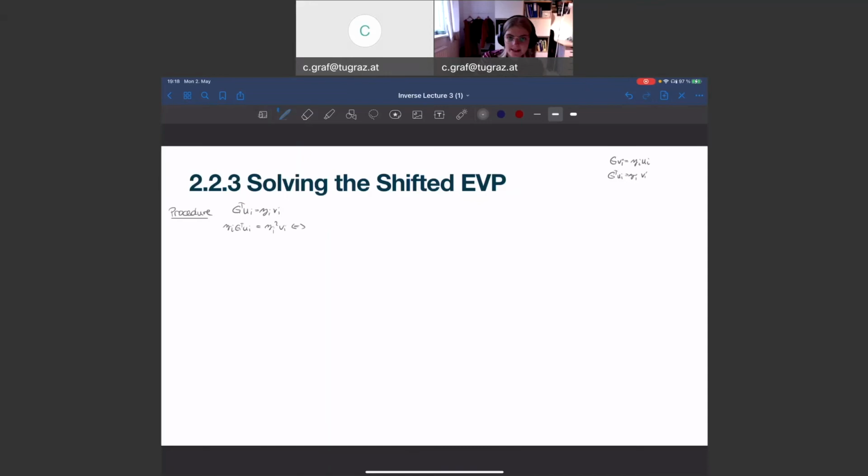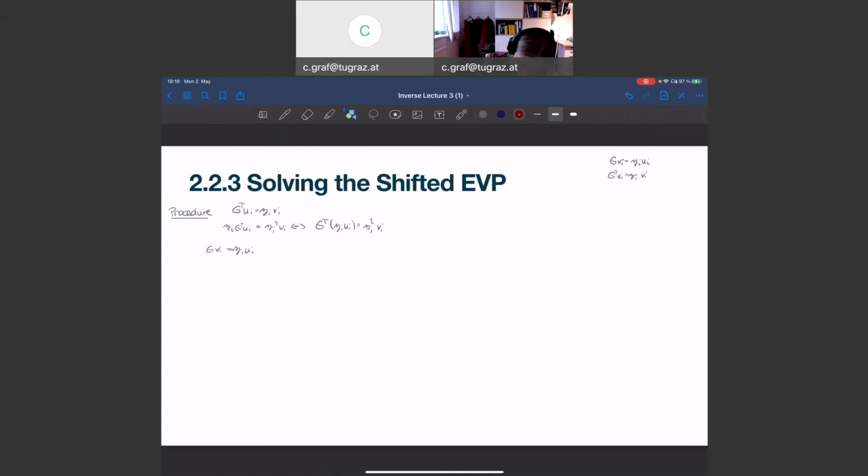And since T transposed is a linear operator, we can write T transposed eta i u i equals eta i squared v i. Now, on the other hand, we know that T v i equals eta i u i.